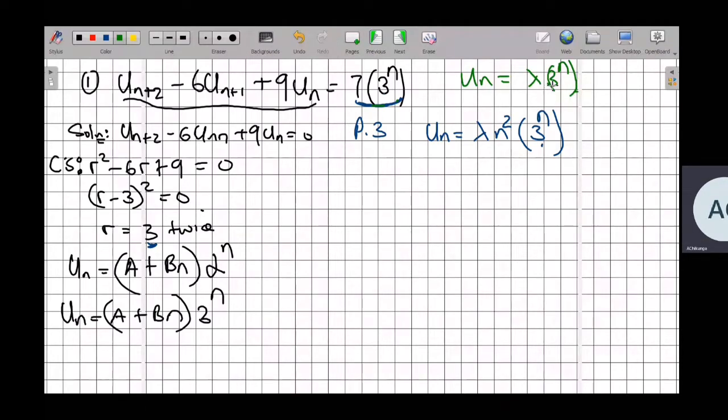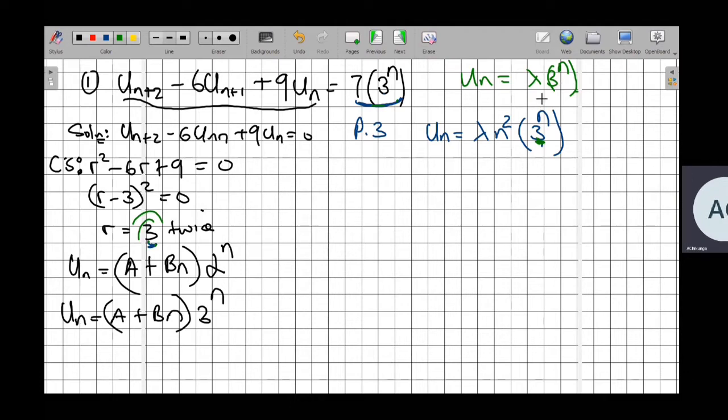When you try to use this in this solution, it's going to fail. That's your cue that tells you that something needs to be done. Let's say you've forgotten all these steps. You see these two are equal. So you can actually substitute the form of the particular solution in here. And then when you try to solve it, let's just try to do it for the fun of it.